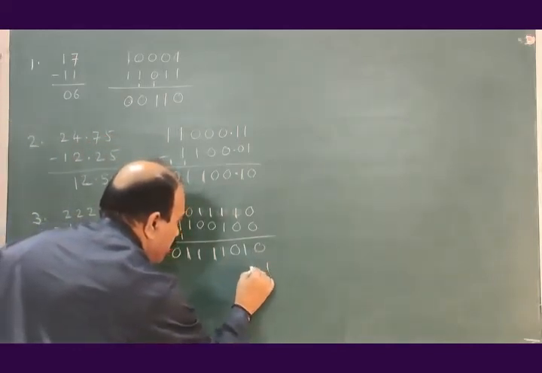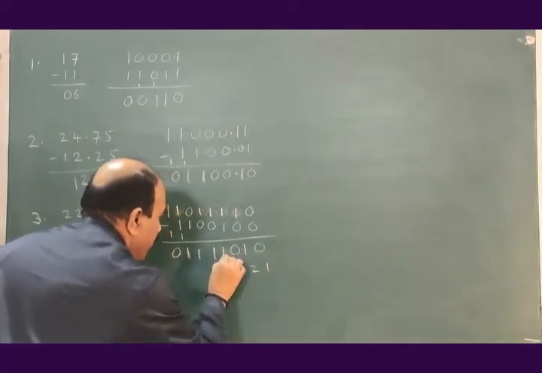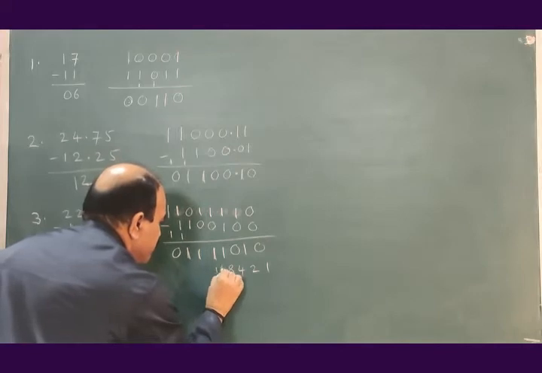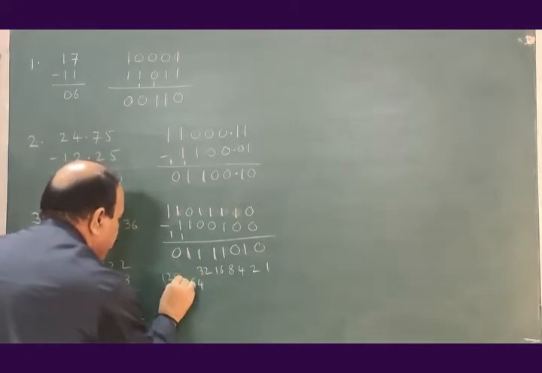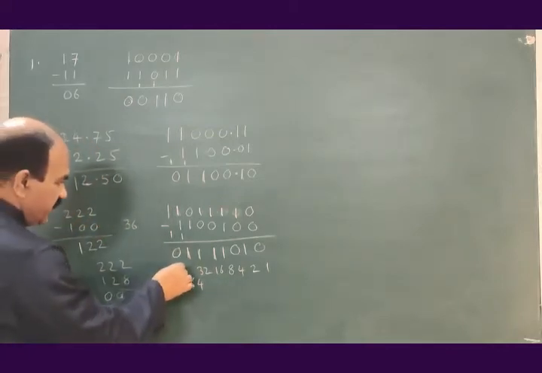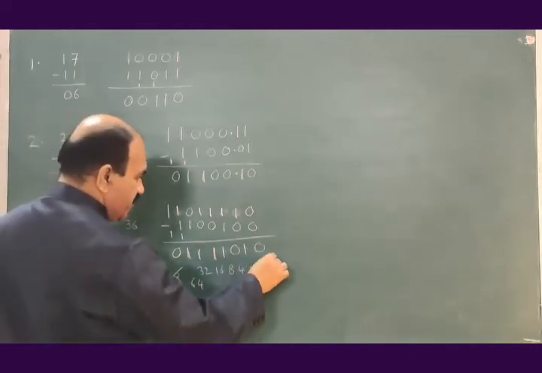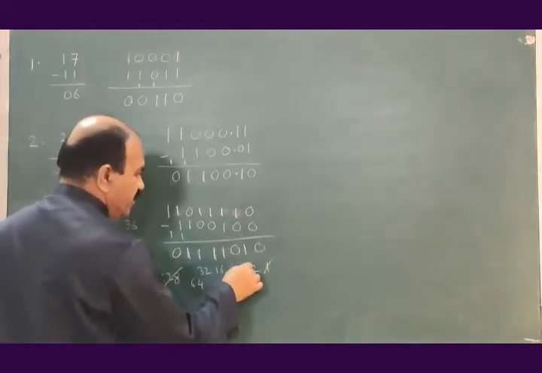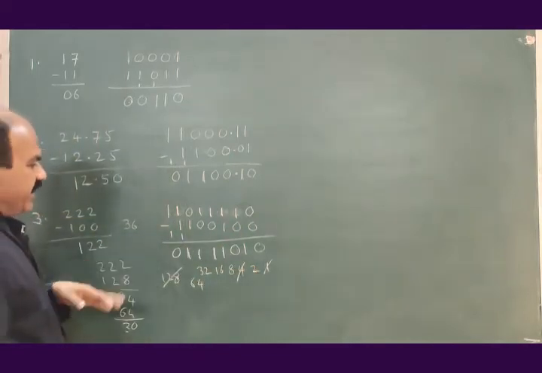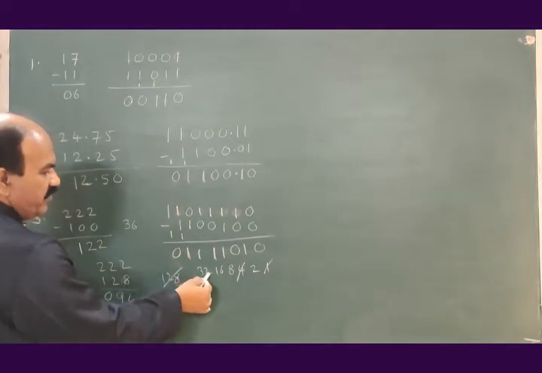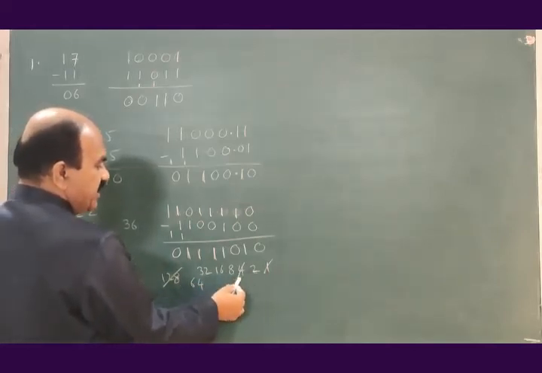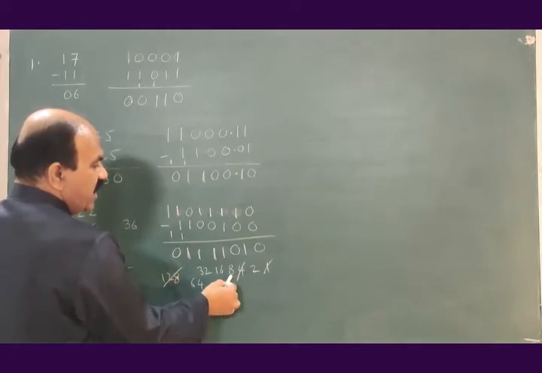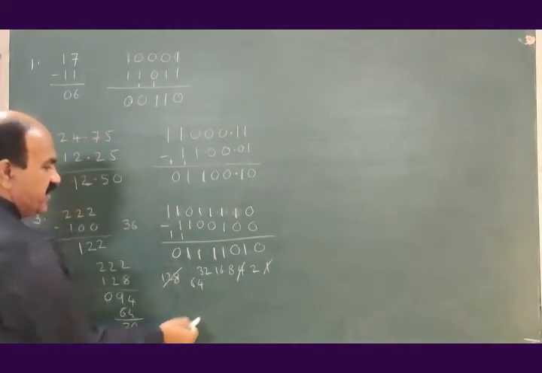Weight of this is 1, of this is 2, of this is 4, weight of this is 8, of this is 16, of this is 32, 64, 128. 0 is here, cancel corresponding weight, 0 is here, cancel corresponding weight, add remaining. 64 plus 2, 66, 66 plus 30, 96, 96 plus 2, 98, 98 plus 8, 106, 6 plus 16, 122.